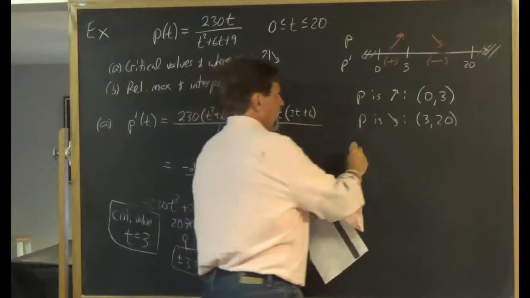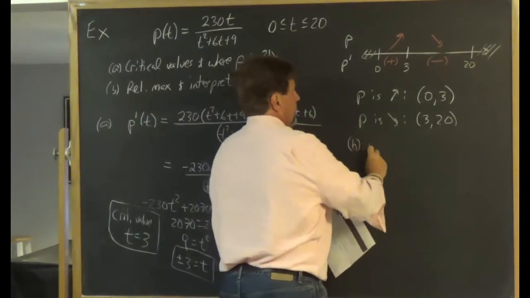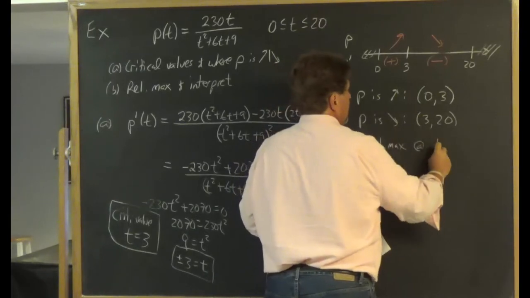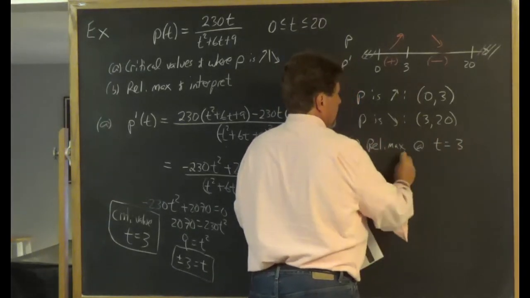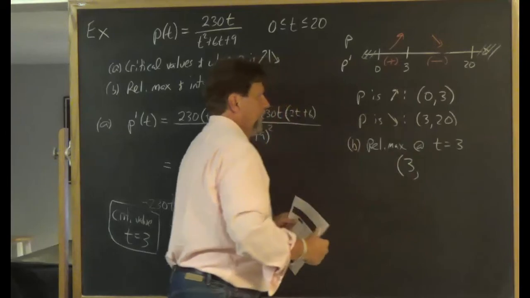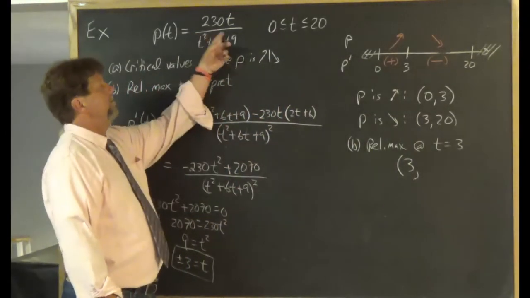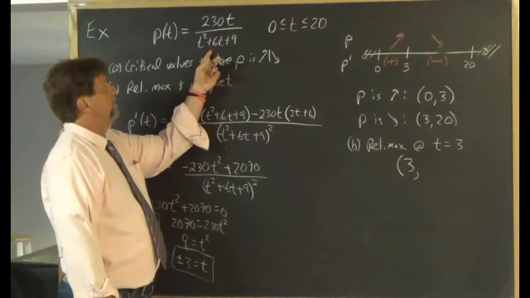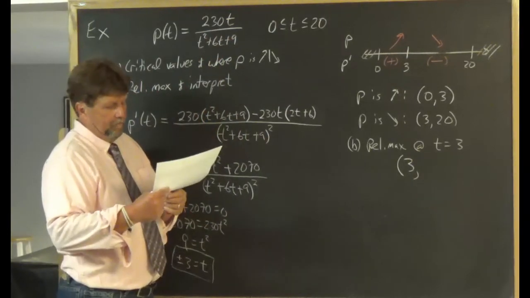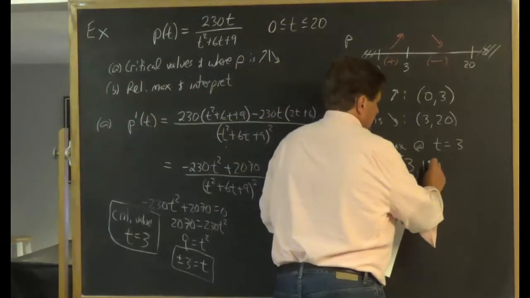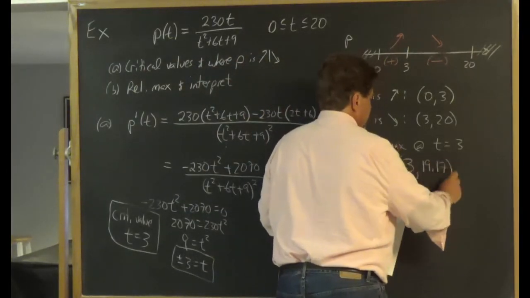Which means in part B, there is a relative max at t equals 3. Then I need to get the y coordinate for that value of t. So I evaluate the function at t equals 3, and I'm going to round this to 2 decimal places. I get 19.17.